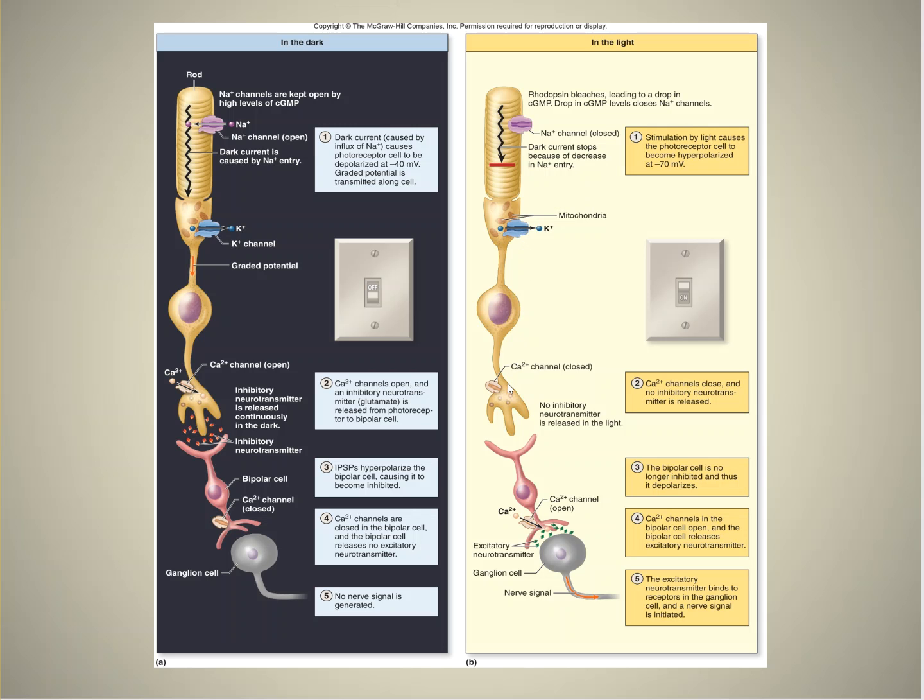This prevents the inhibitory neurotransmitter from being secreted onto the bipolar cell. Bipolar cell is turned on. Its calcium channels are open, releasing excitatory neurotransmitter on the ganglion cell. Ganglion cell is stimulated to threshold, sends a nerve signal into the optic nerve.